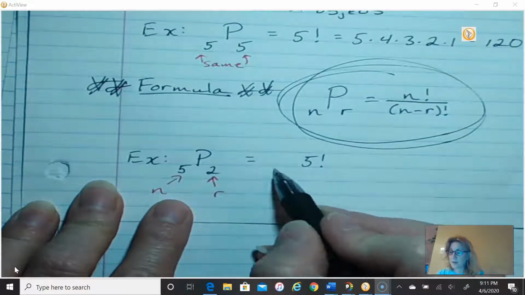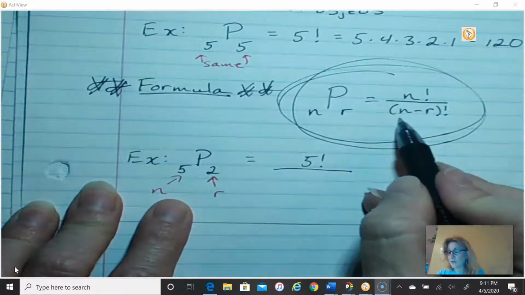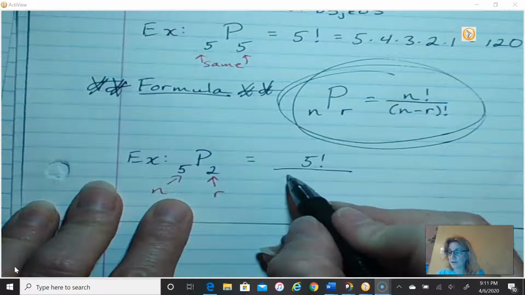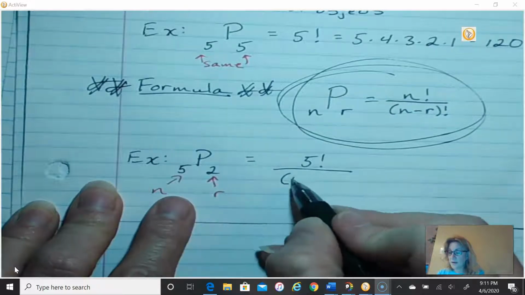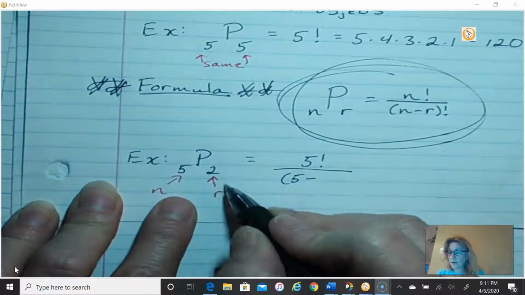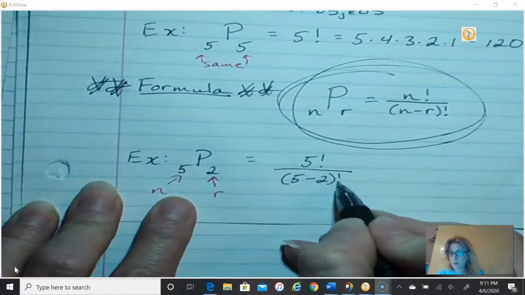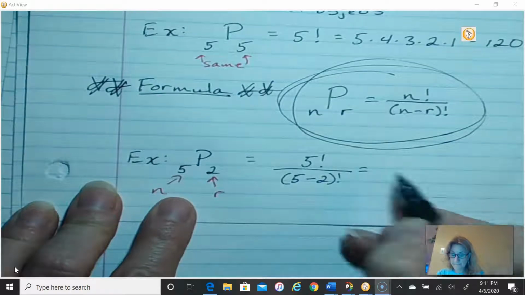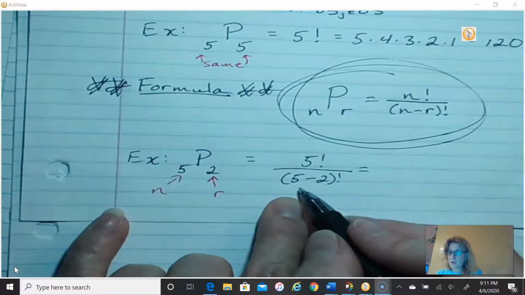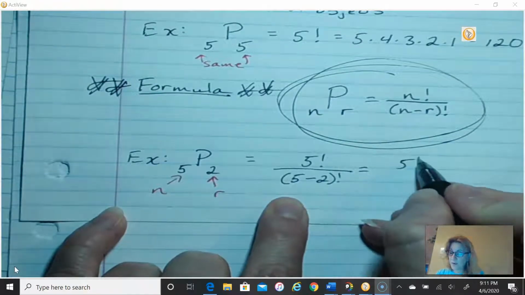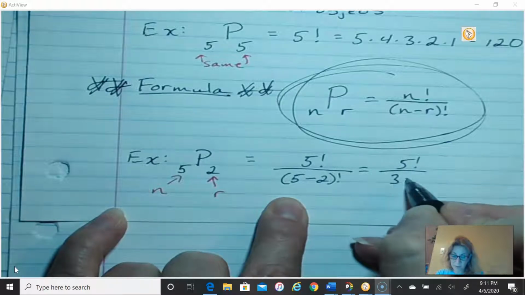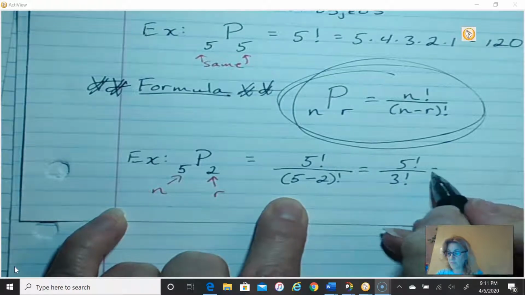N is on top. Then the next part underneath is n minus r factorial. That's going to be 5 minus 2 is 3. So 5 factorial over 3 factorial.